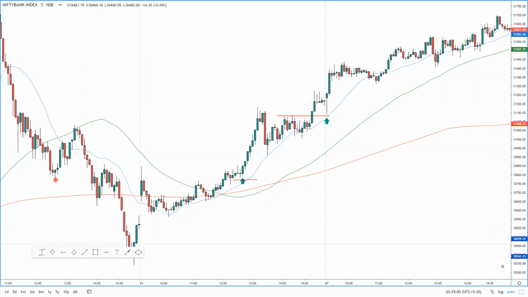Then again buyers try to step up, and they bounce back, and as soon as they reach this level, many people will say that they took resistance at the 50 MA.